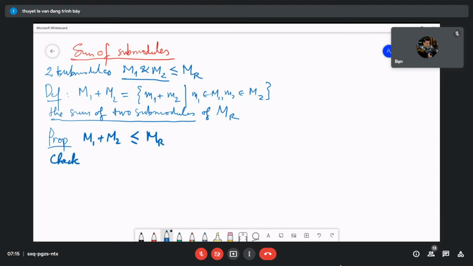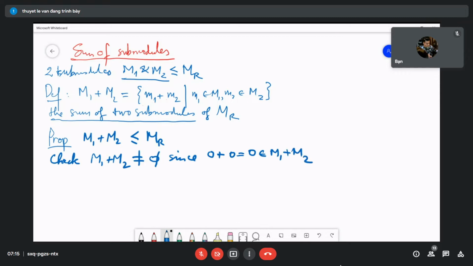The first is that M1 plus M2 is not equal to the empty set, since you can write 0 is in M1 and 0 is in M2, so 0 plus 0 is in M1 plus M2.